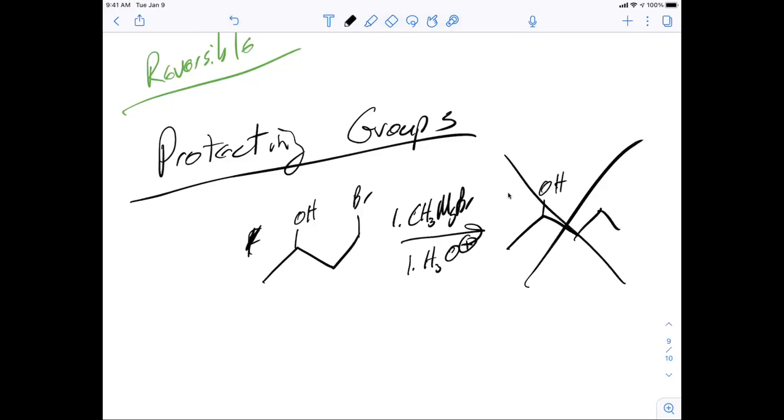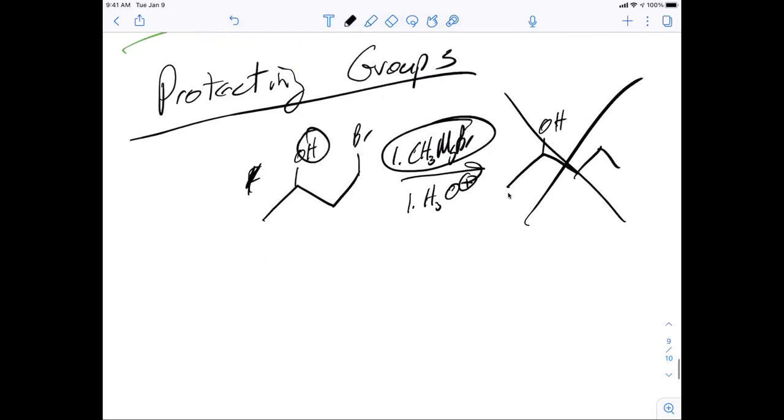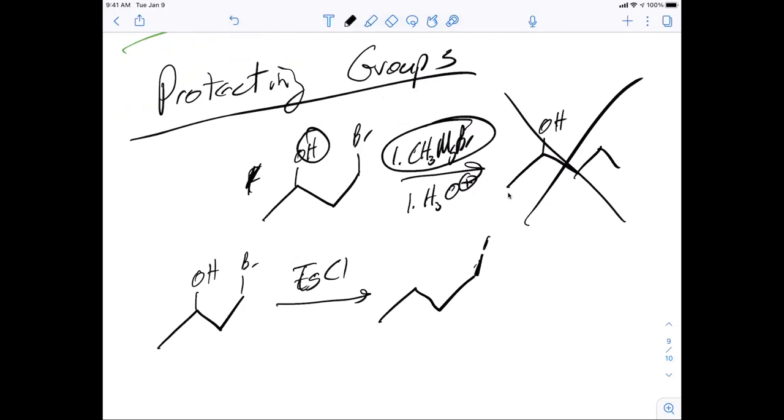That wouldn't work because this will react with that. So what I have to do is take and turn the alcohol into the tosylate. Right, so I protect that alcohol, that proton, as a tosylate. Then I do my reaction.